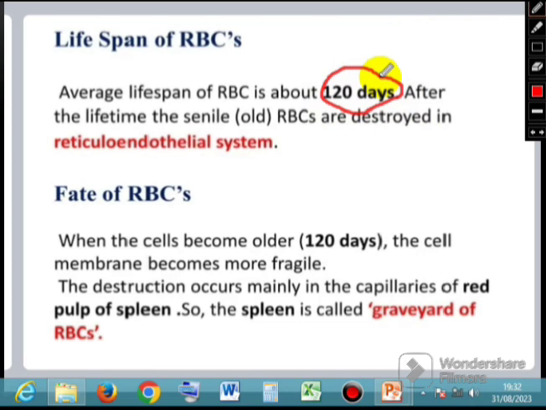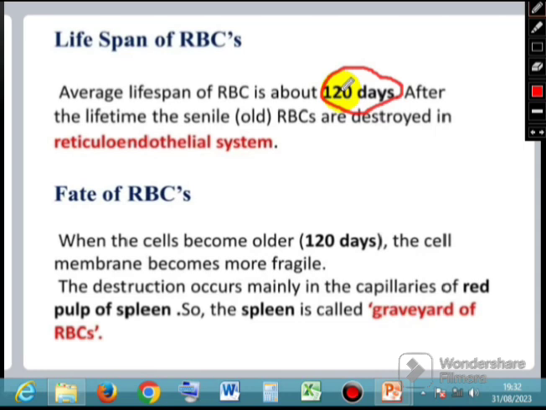Alright? So after 120 days, red blood cells degenerate and they die off. And they are taken away from the circulation by macrophages. Okay? However, this normal lifespan of the red blood cell can be shortened due to some pathological conditions.